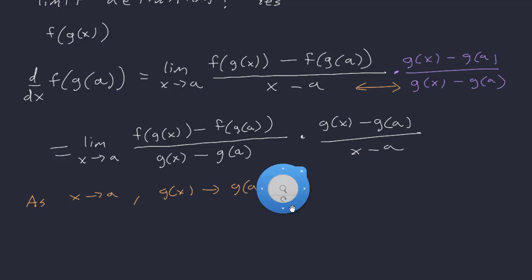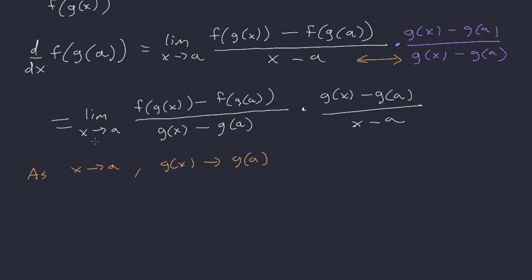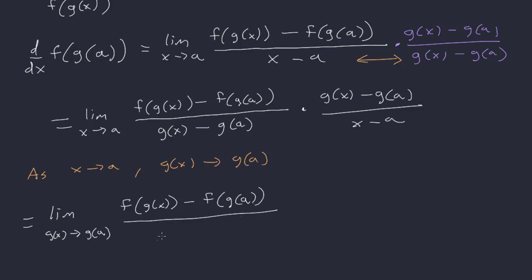So what we can actually consider here is rewriting this limit. We could say that this is the limit as g of x goes to g of a of f of g of x minus f of g of a all over g of x minus g of a, times the limit as x goes to a of g of x minus g of a all over x minus a.